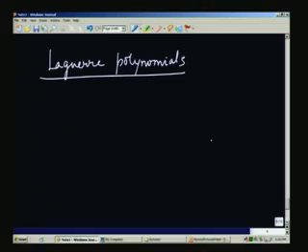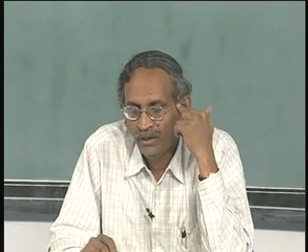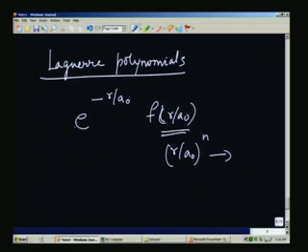Recall, if you have a function e to the minus r by some a naught, and if you have a polynomial of r by a naught again, okay, you have a polynomial again, which is essentially r by a naught to the nth power being the leading term, where n is 1, 2, 3 etc. Remember that eventually e to the minus r by a naught makes this whole product vanish.